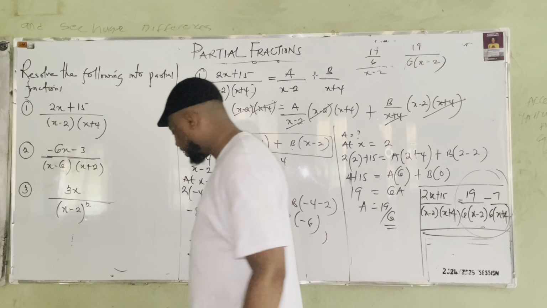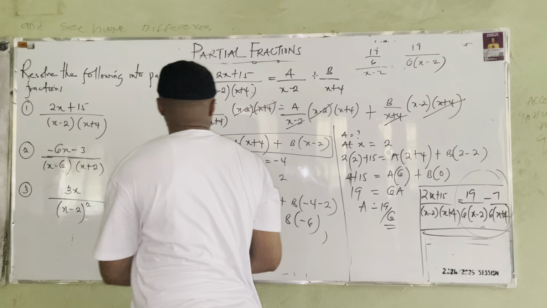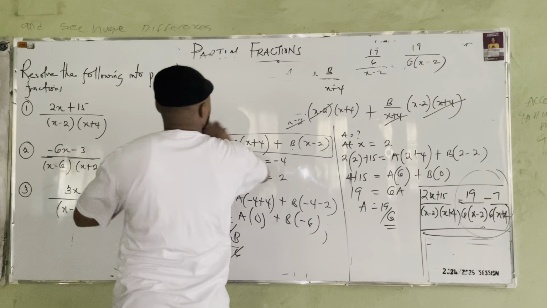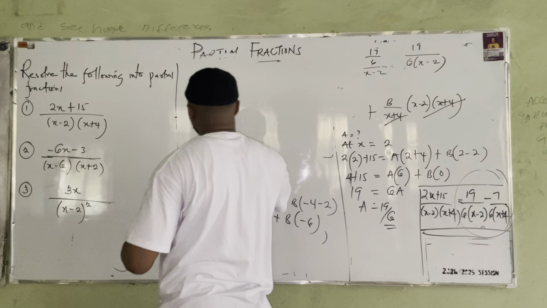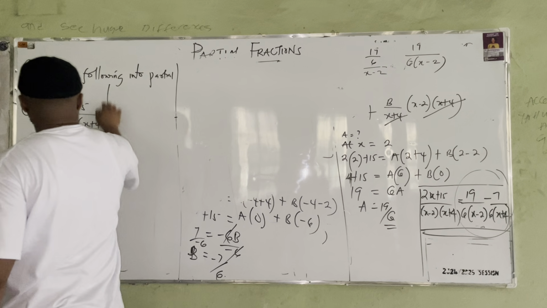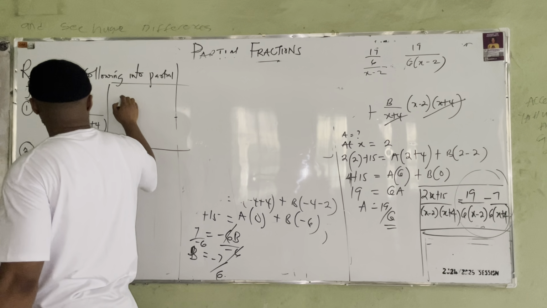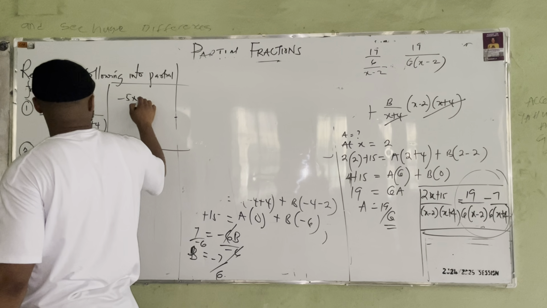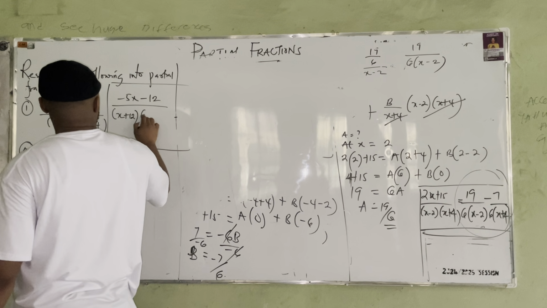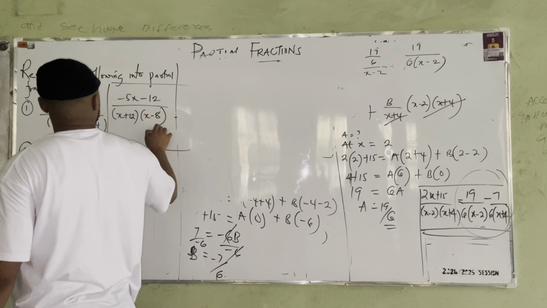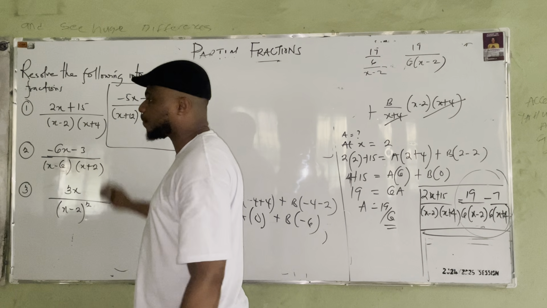Okay, so we'll be quickly trying the second example. But before you look at the second example, I want you to try this. We have, let's say, minus 5x minus 12 divided by x plus 12 and x minus 8. Alright, so try this, resolve this into partial fractions.